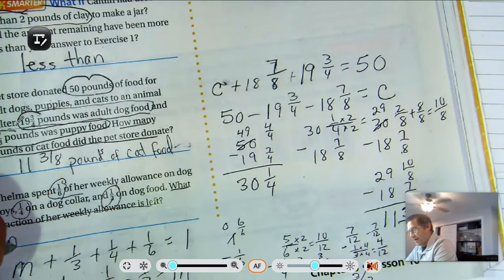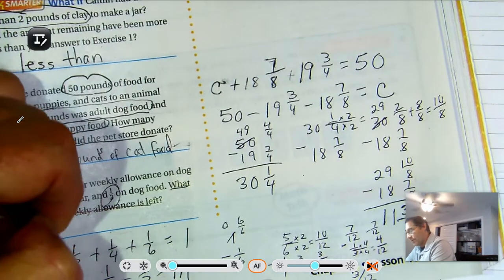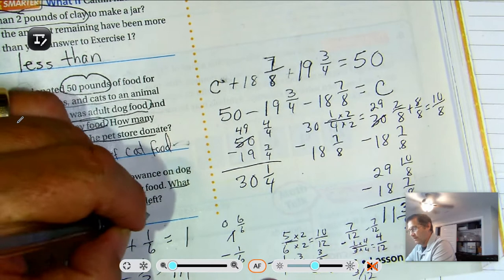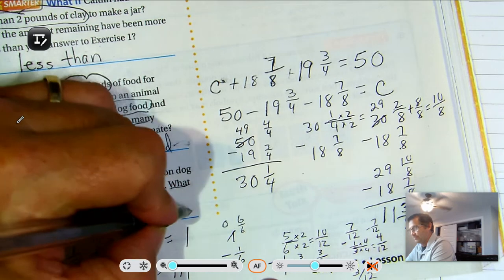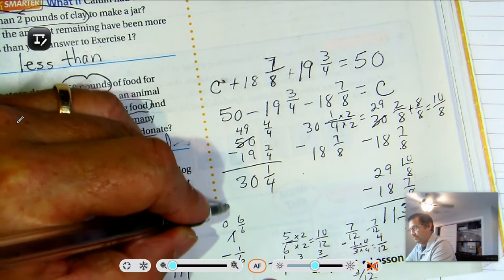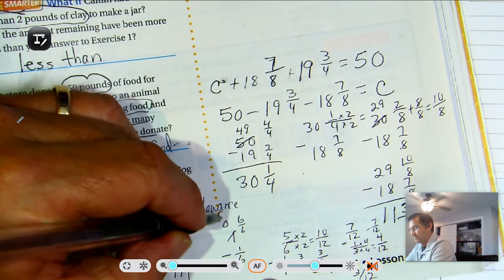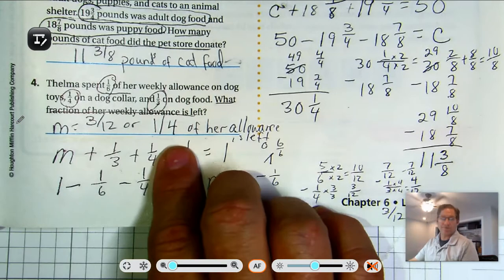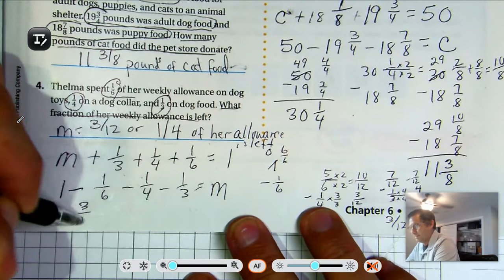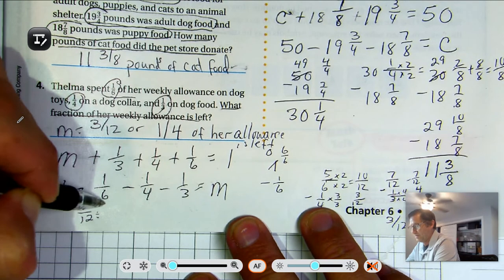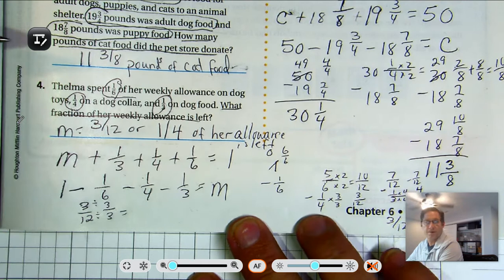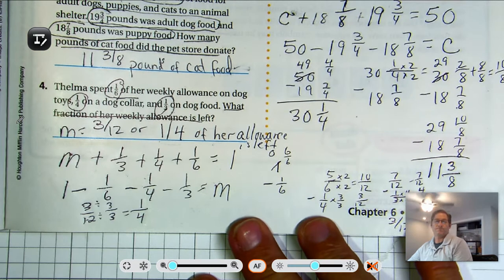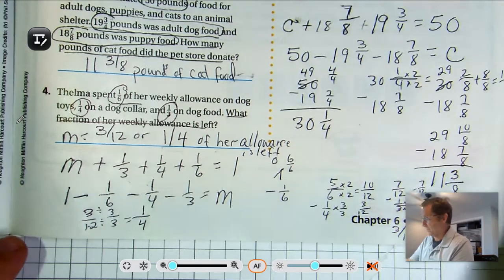So x equals 3/12 or 1/4 of her allowance is left. Okay. How do I know that 3/12 is the same as 1/4? Because 3 is a common factor of 3 and 12. So 3 divided by 3 is 1. 12 divided by 3 is 4. So 1/4 of her allowance is left.